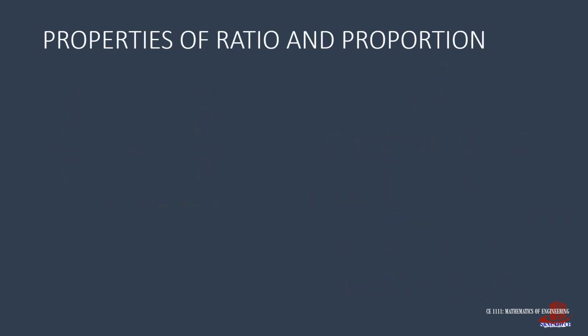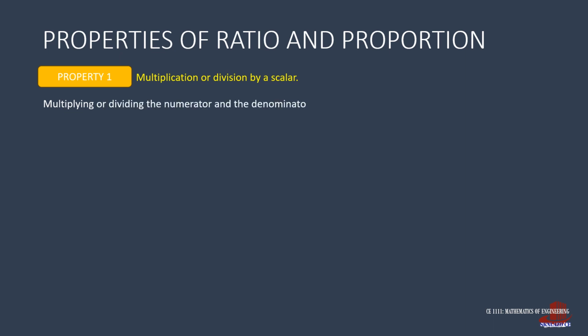There are quite a number of properties of ratio and proportion, and we itemize each here. The first one is multiplication or division by a scalar. The property of ratio shows that multiplying or dividing the numerator and denominator of a ratio by one scalar does not affect the ratio.